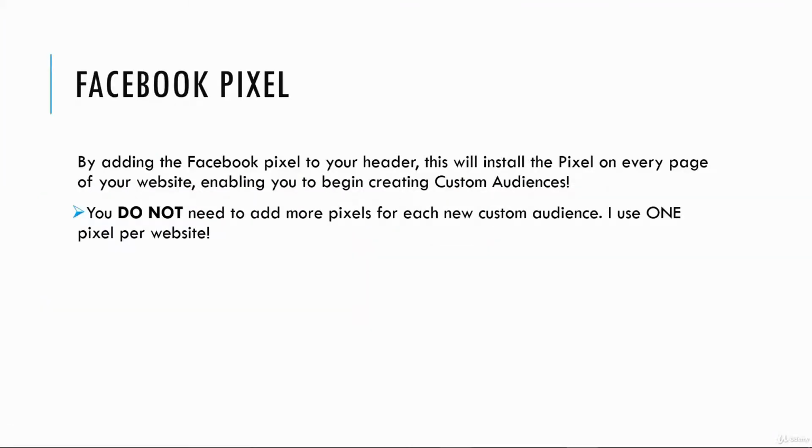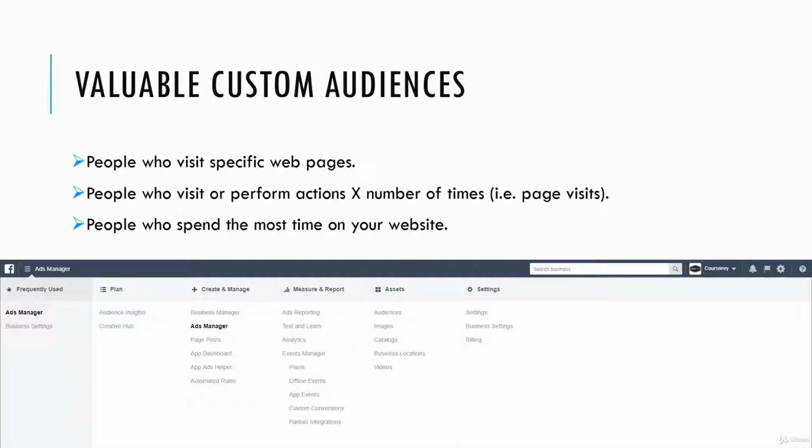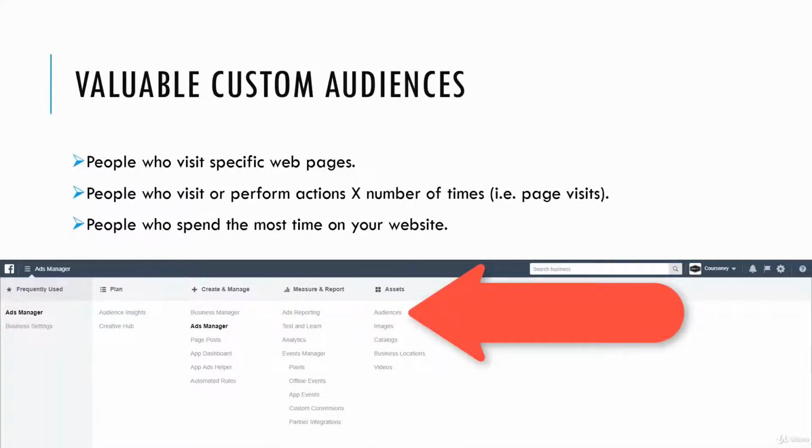By adding your Facebook pixel to your header, you will install the pixel on every page of your website, enabling you to create these custom audiences. Remember, you do not need to add more pixels for each new custom audience. 1 pixel per website.